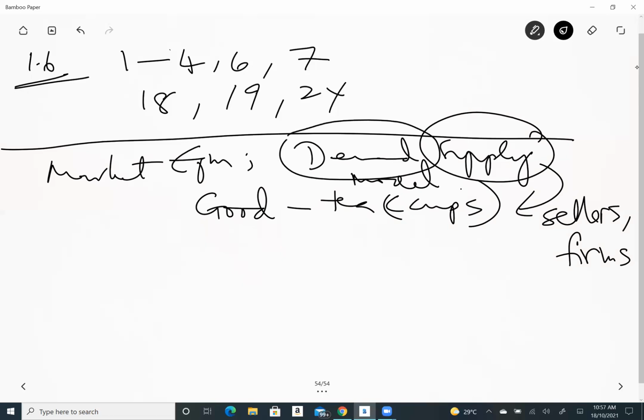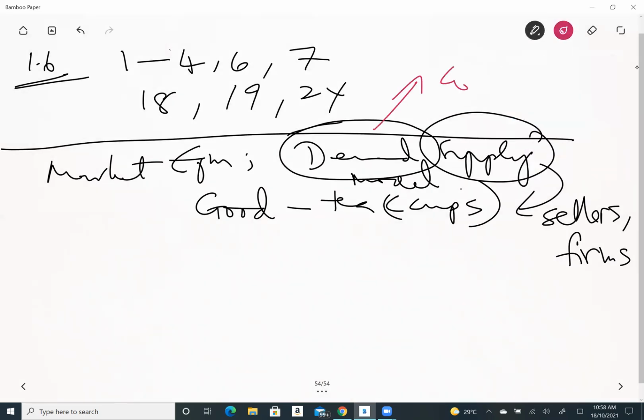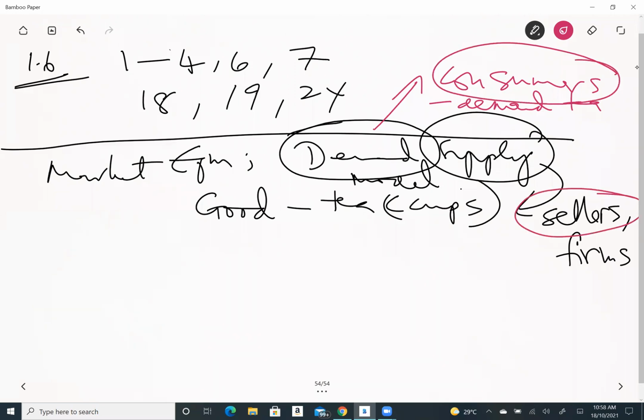The demand side would be the consumers, the people who demand tea. They want tea. So you have the consumers, you have the sellers.